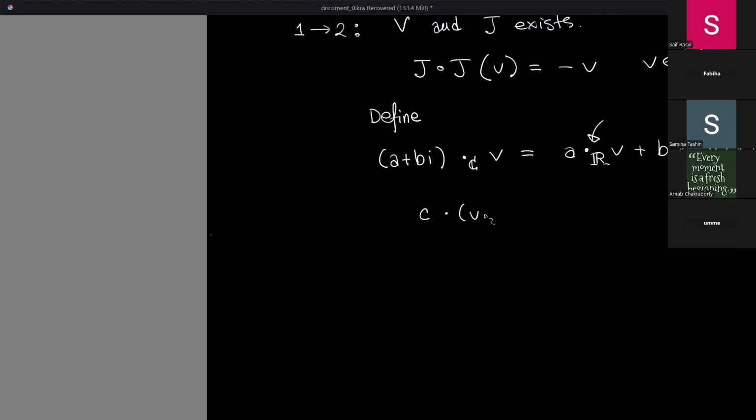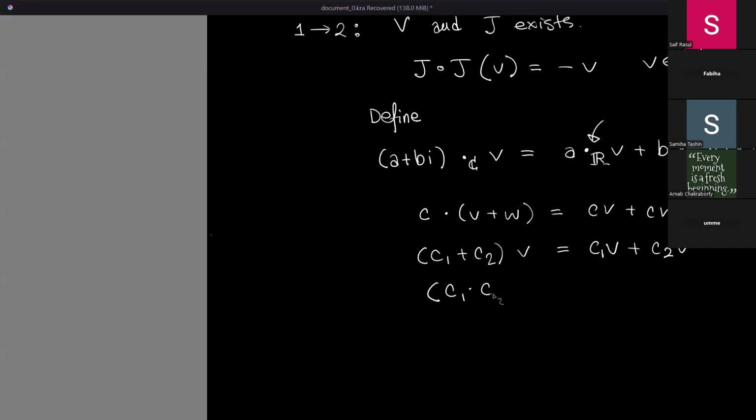So c times (v plus w) is equal to cv plus cw. (c1 plus c2) times v is equal to c1v plus c2v. The next one is called compatibility with scalar multiplication.